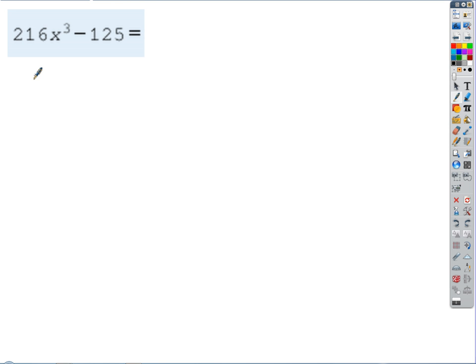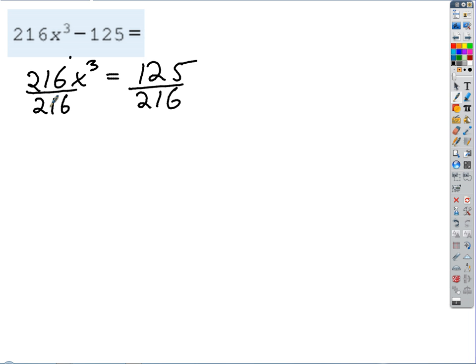Add 125, so 216 x cubed equals 125. Now what? Divide by 216, so x cubed equals 125 over 216.